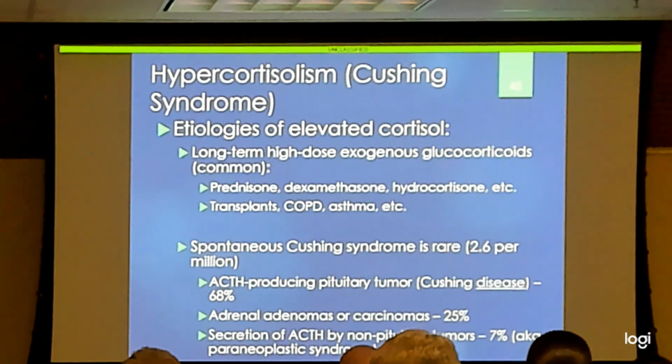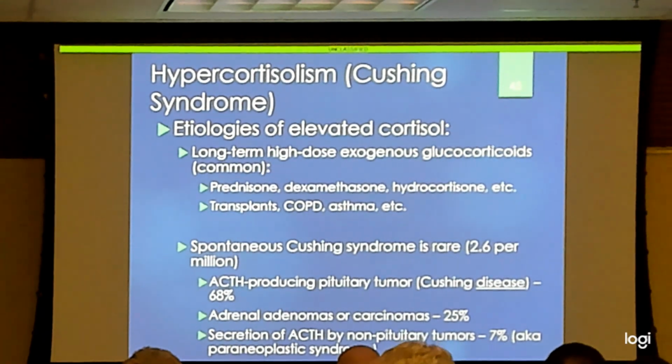Then these are some of the other versions. Adrenal adenomas or carcinomas. Carcinomas often may kill you. Adenomas won't kill you, but you kind of want to die being obese. And then the other version, secretion of ACTH by non-pituitary tumors. Non-pituitary tumors. So paraneoplastic syndrome, that sounds all fancy, that's all we're talking about.